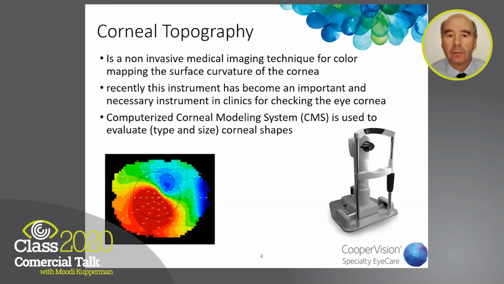And we have some options with this machine that give us an option to evaluate the tear layer, the quantity and quality of the tear layer, evaluate the sag of the cornea, evaluate the power of the cornea.